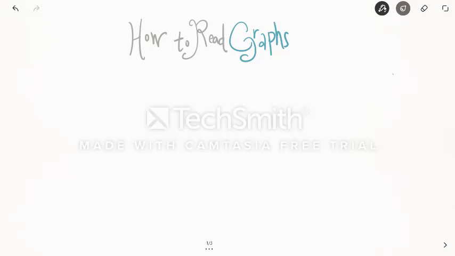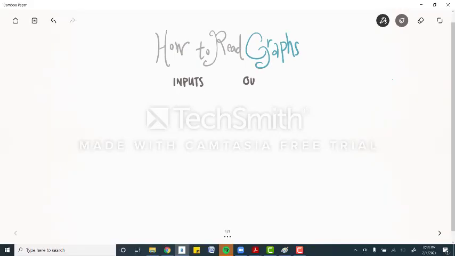So before we look at limits, we want to just review reading graphs in general because this is a very important skill. Typically, we're going to be studying graphs in 2 dimensions, so we're just going to have 2 main components. The 2 main components of graphs are going to be inputs and outputs.